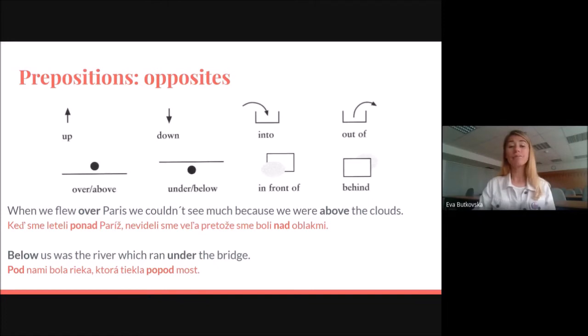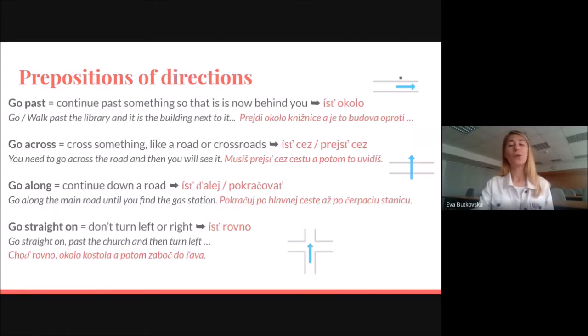You could say under us was the river, which ran under the bridge. It is not today's topic to discuss the differences, but remember, over and above have the same or similar meaning, and under and below have similar meaning. So those were the prepositions opposites, and let's look at prepositions of directions.